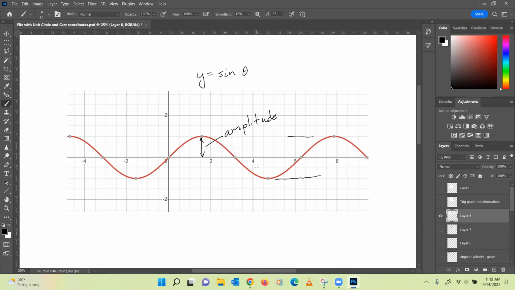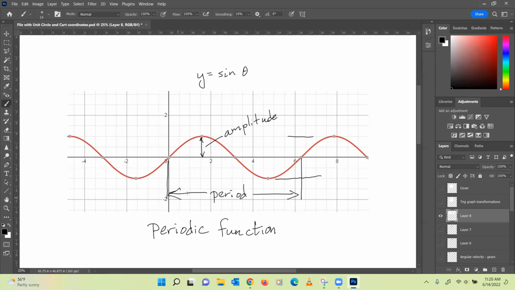That's our amplitude, and notice I said this keeps going, so we call this a periodic function because it keeps going through the same segments over and over again. And the period is the distance from where you start your motion until it starts to repeat.